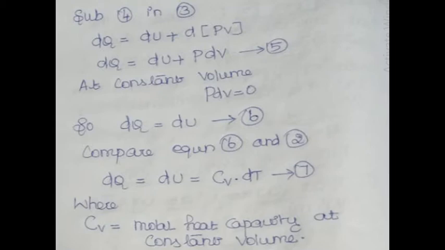This is the seventh expression. In the seventh expression, dq is the change in heat, du is the change in internal energy, dt is the change in temperature, and Cv is the molar heat capacity at constant volume.